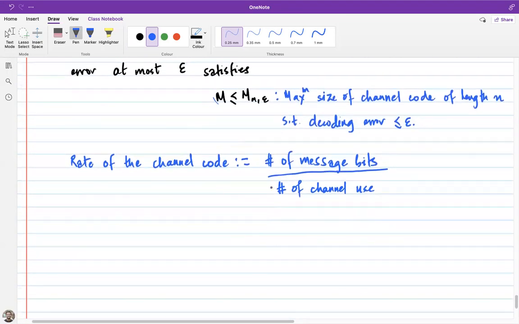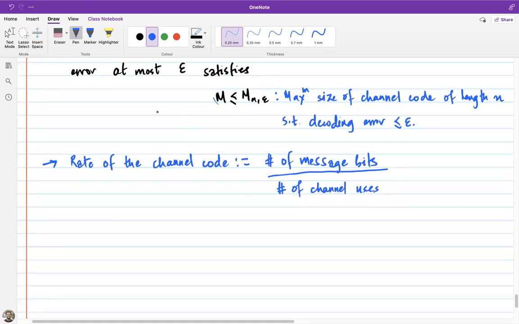One form of this we have seen in the very first example, where we used a repetition code. We were transmitting only one bit of information, but the repetition code uses the channel n times, and therefore the rate was simply 1 over n. Similarly, we define the rate of a channel code as the number of message bits divided by the number of channel uses used to transmit all the messages.